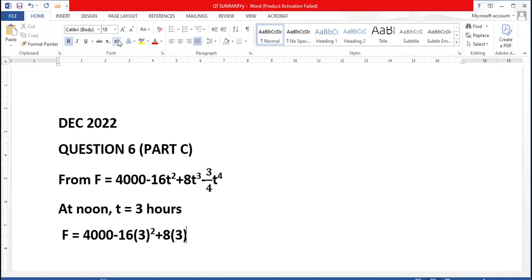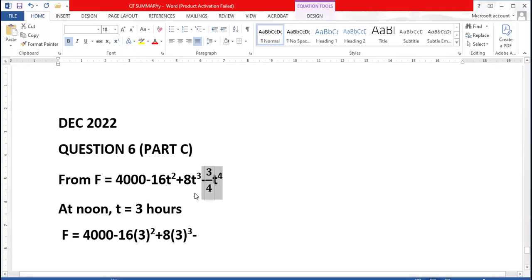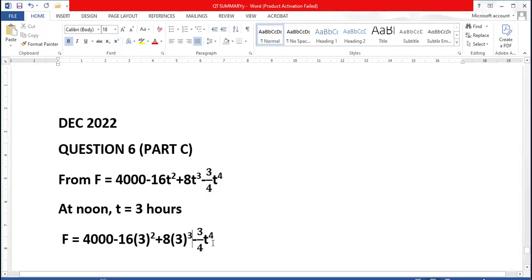So it is 3 to the power 3, then minus 3 out of 4 into 3 to the power 4.